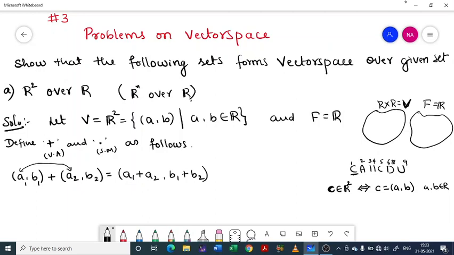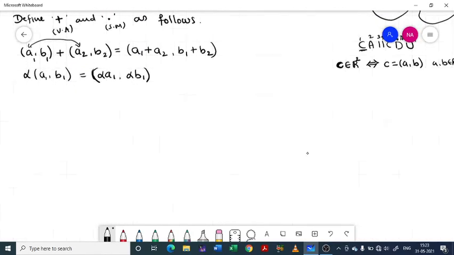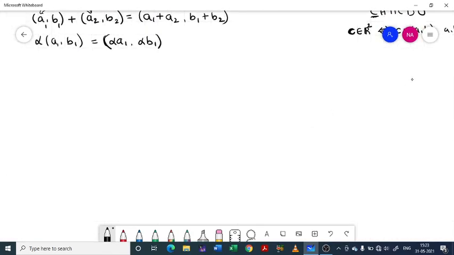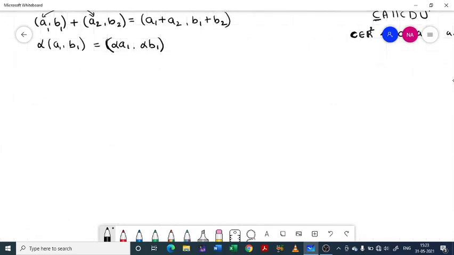Scalar multiplication is defined as alpha times (a1, b1) equals (alpha a1, alpha b1). This is how we are going to define the operations. Now let us verify the conditions for vector space.